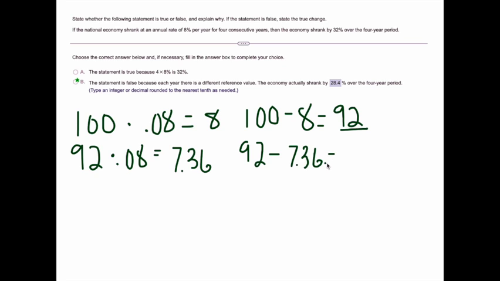7.36, we're going to have 84.64. So then at the beginning of the third year, we have 84.64, and we want to find 8%. So I'm going to multiply by 0.08. Sorry, this is messy. Writing with the mouse is a little bit harder than with the pencil.